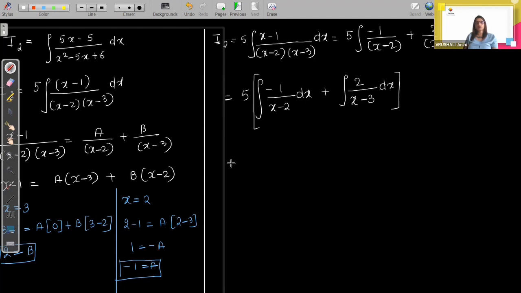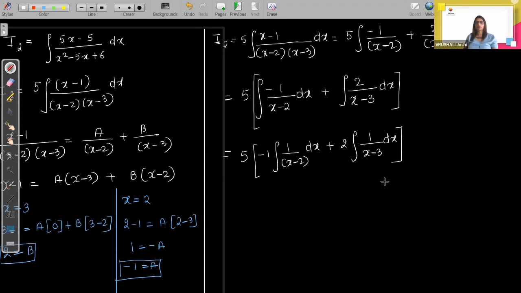Perfect. 5 will stay as it is. Inside, this will be minus 1. Correct? Minus 1 came outside. This will be minus 1 integration of 1 by x minus 2 dx. Correct? Plus 2 integration of 1 by x minus 3 dx.